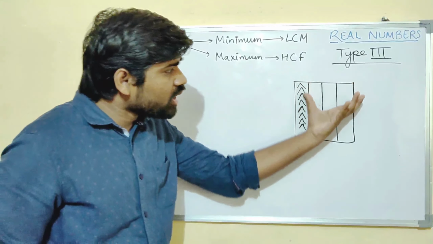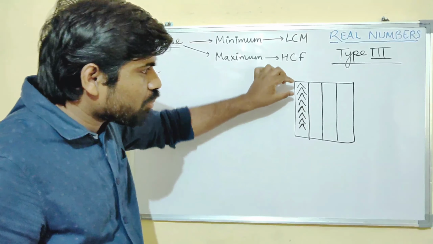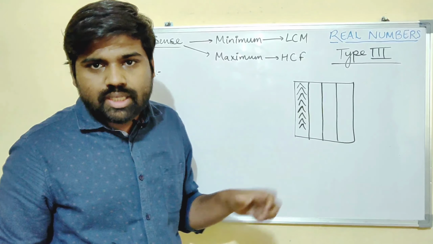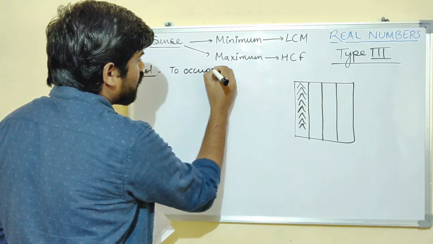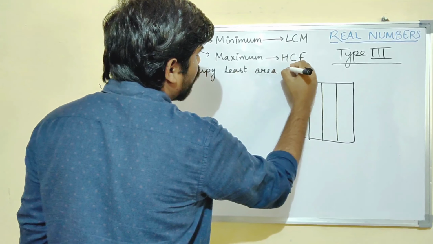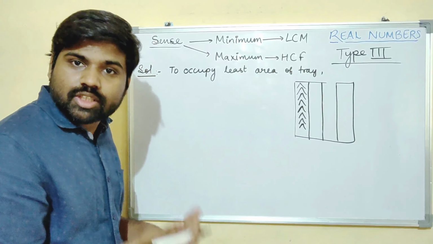To occupy the least area of the tray, she needs to stack the maximum number of burfis in each stack. Who is she? She is a sweet seller.